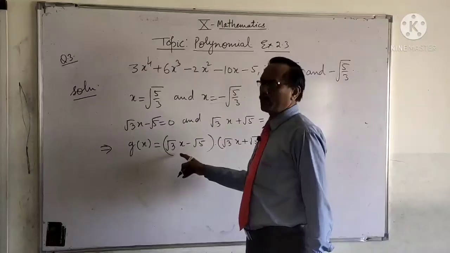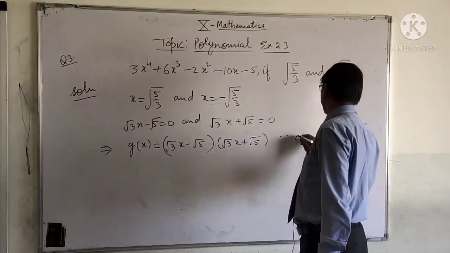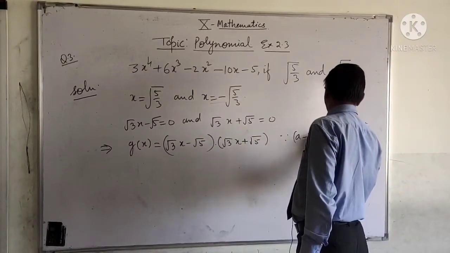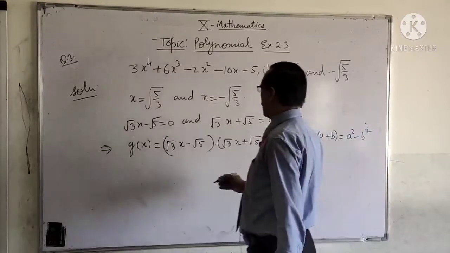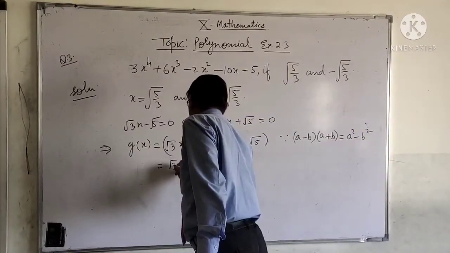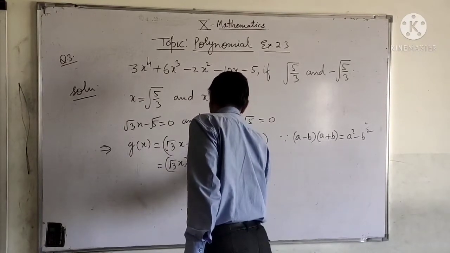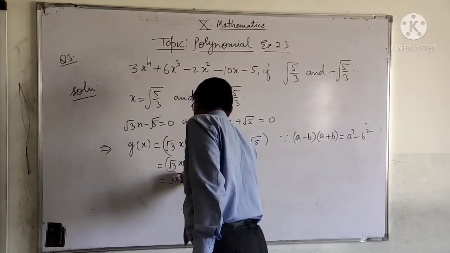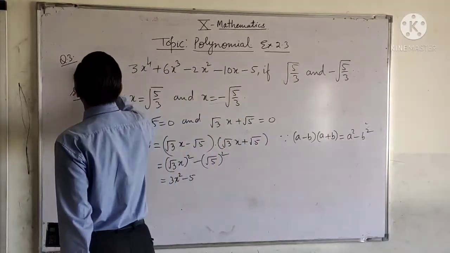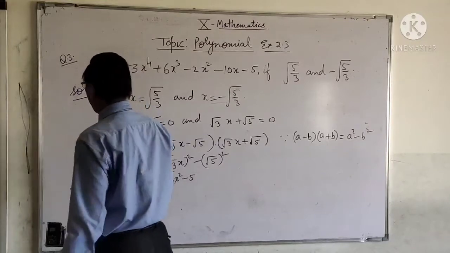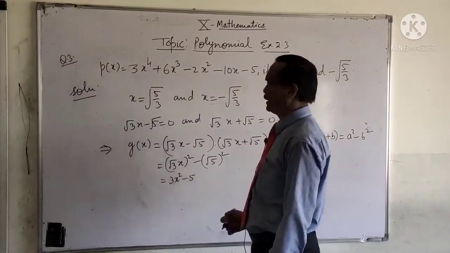Now there is a formula: a minus b into a plus b is equal to a square minus b square. So it is root 3x square minus root 5 square, which is 3x square minus 5. Let the polynomial be px. Now we divide px by gx by the long division method.